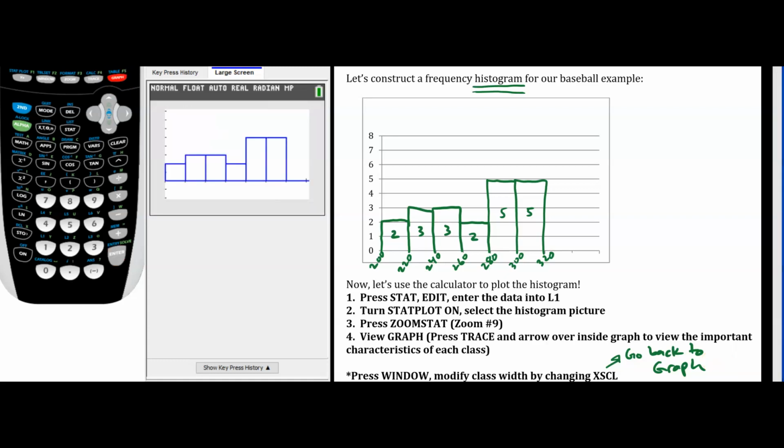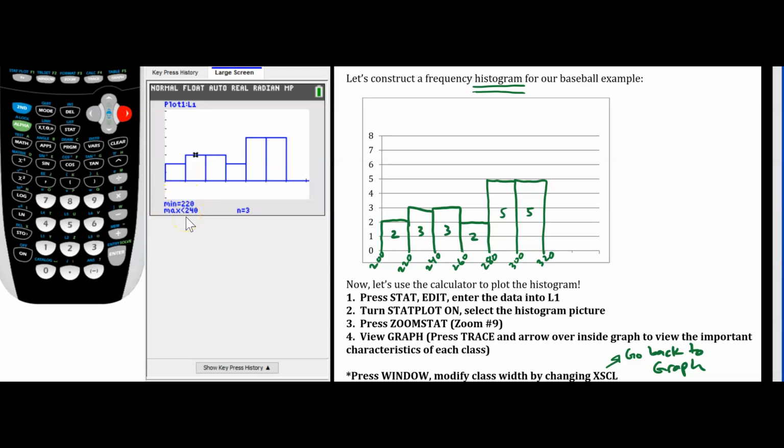And there it is. And if you press the trace button, you can see that the min is 200, the max is less than 220. So it's acknowledging that 220 is really not part of that first class. 220 is really the lower class limit for the next class, but we have an n of 2. If you arrow over, see now it says the min is 220, the max is less than 240.